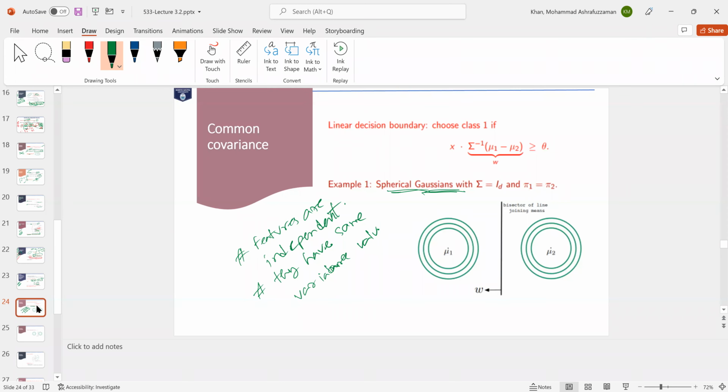Now this is for class 1 and this is for class 2. And remember that we can have many features. We can have d different features. It doesn't matter. The main thing is we have two different classes. For example, in this case, 3 different wineries, but each of them has 13 different features.